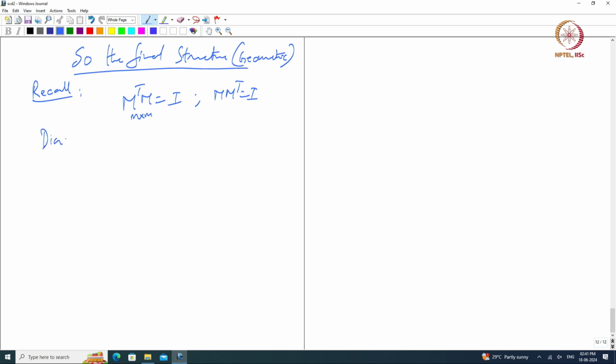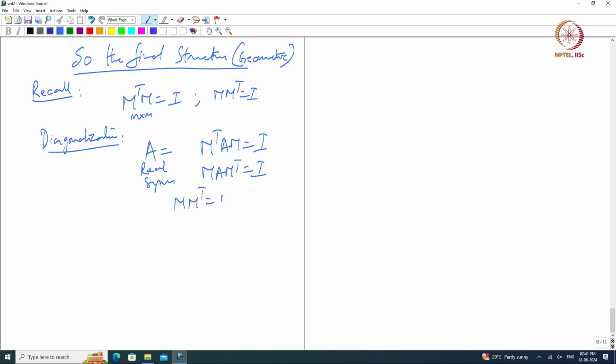What was the diagonalization problem? In the diagonalization problem, you would have a matrix A, real symmetric. So, you diagonalize it by finding M transpose A M equal to identity, or even M A M transpose, that will also give you identity, with the property that M M transpose equals M transpose M is identity, which are unitary matrices.